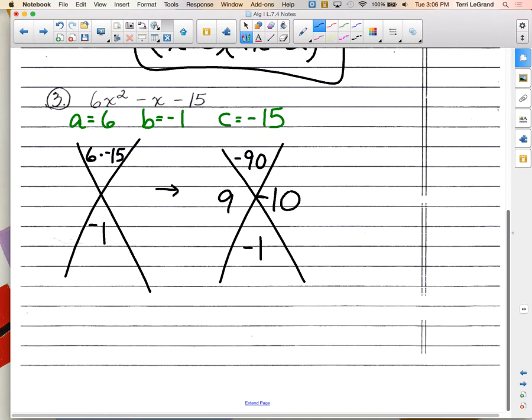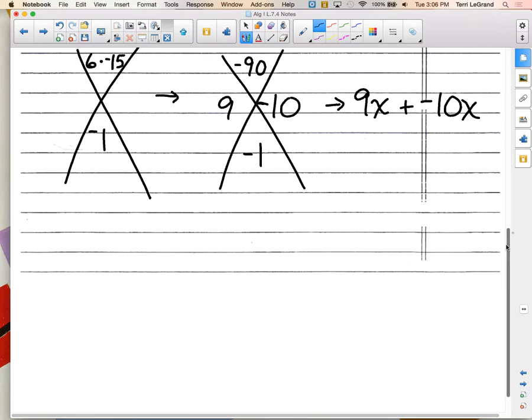So when I know one has to be positive and the other has to be negative, I look at that B value and ask, what's its absolute value? First of all, it's 1. What factors of my number up there are that far apart from each other? And then that becomes, remember, 9x plus negative 10x.